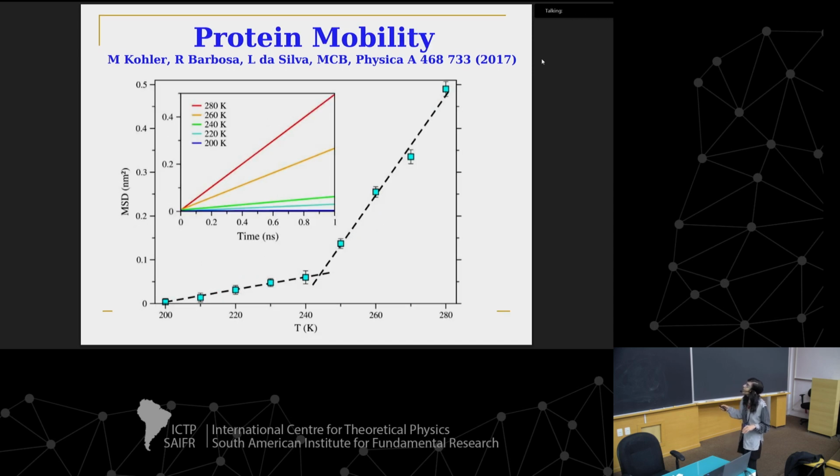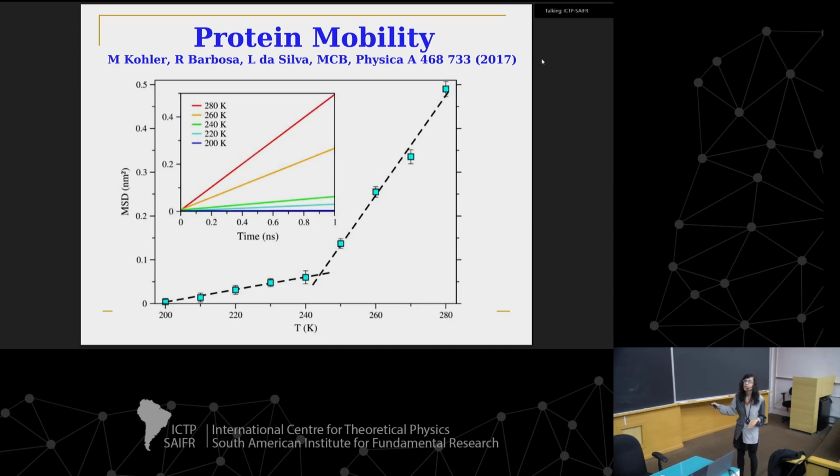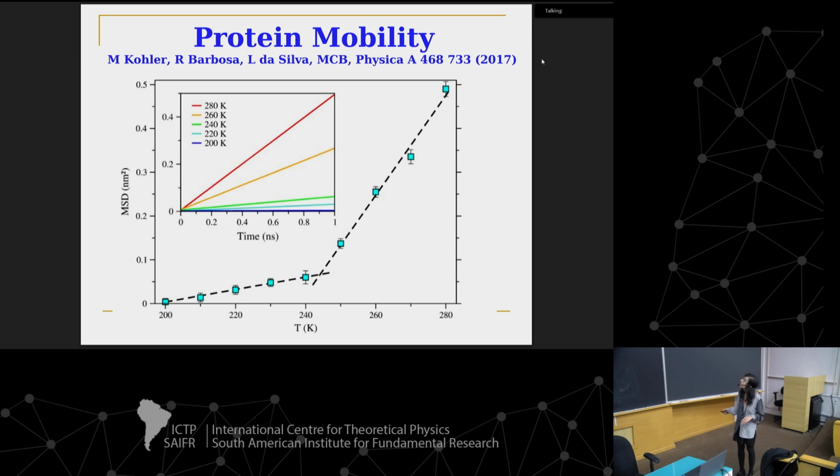This one? I took these times. These are the real times, like 0.8 nanoseconds. This is the graph, this is the mean square displacement for each one of the temperatures.